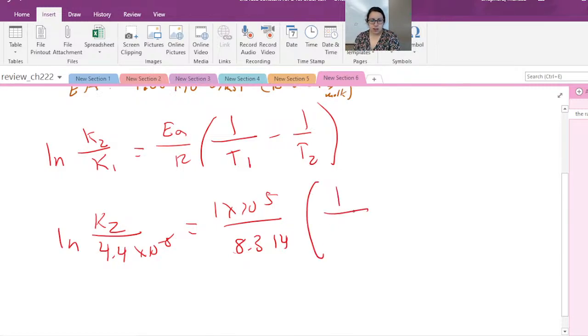And then temperature just had to be in Kelvin, so 273 plus 25, minus 1 over, so 273 plus 50.